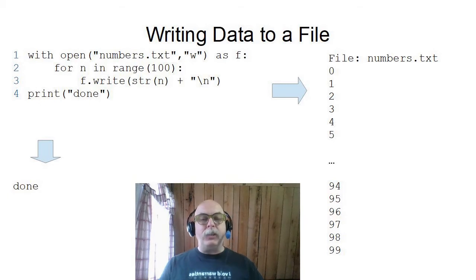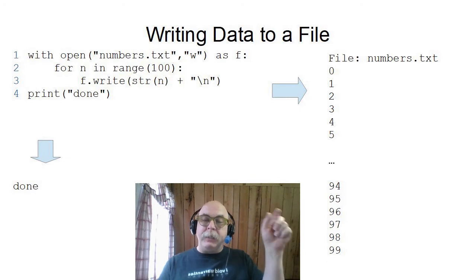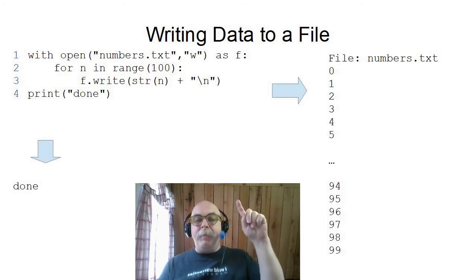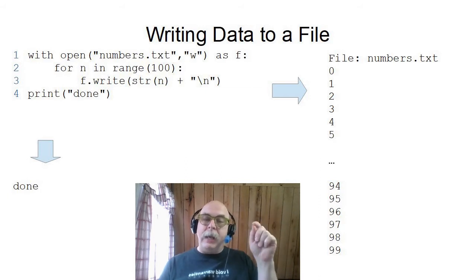At the end of each line in a file, there's a character, an ASCII 10 or an ASCII 13 or a combination of those, that tells the operating system to go to the next line. And that \n says write out the number and go to the next line.